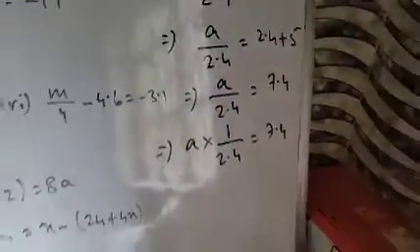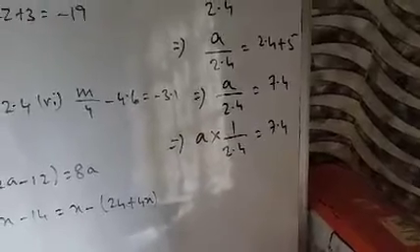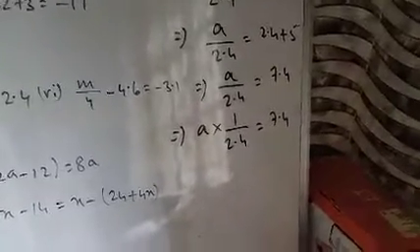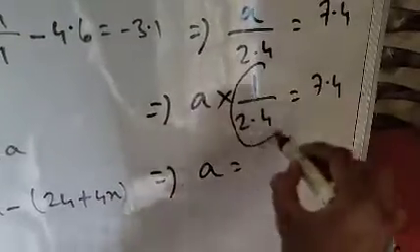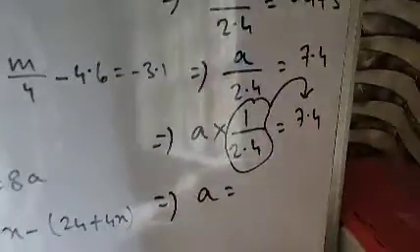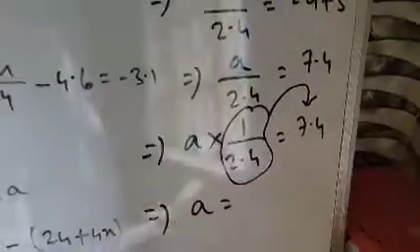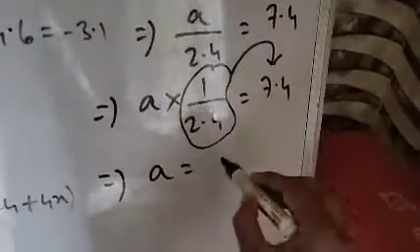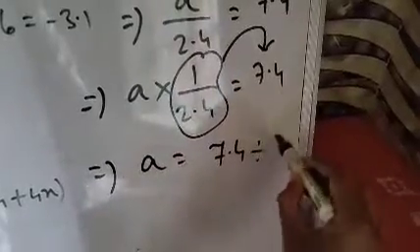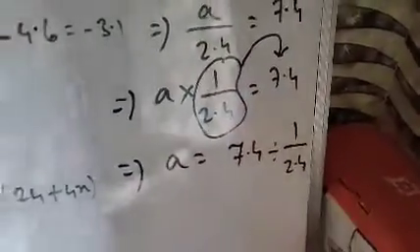Now a by 2.4 means a into 1 by 2.4. In the same way we have solved the previous question. Now to find the value of a, this 1 by 2.4 needs to be transferred. As 1 by 2.4 is multiplication here, after transferring the sign will be division. So 7.4 division 1 by 2.4.